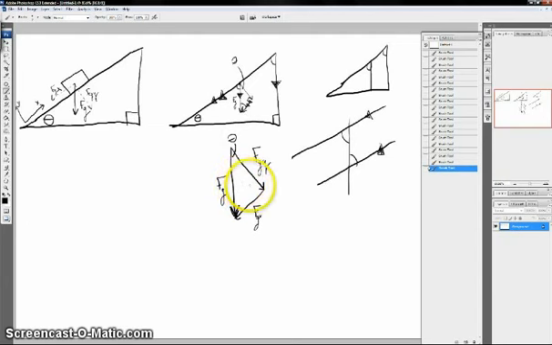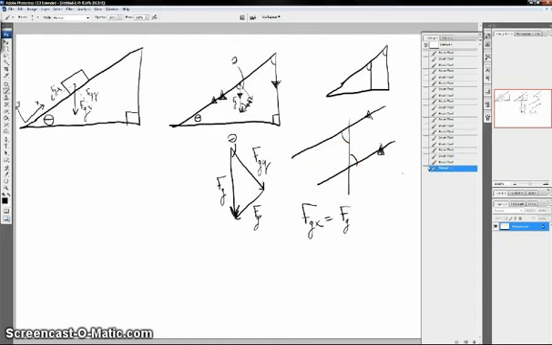Using again a little bit of geometry, we can figure out that the x component of the force of gravity is actually equal to the force of gravity times sine of theta. It's different than what you're used to.